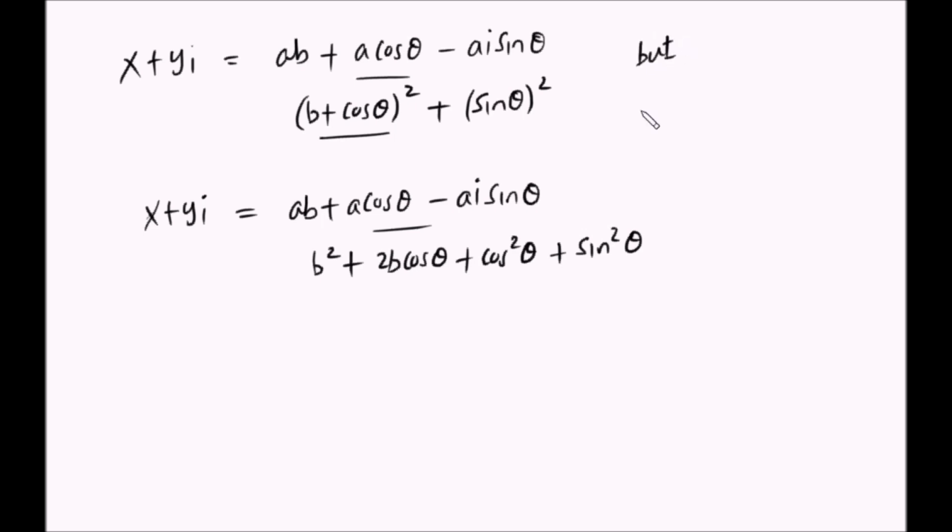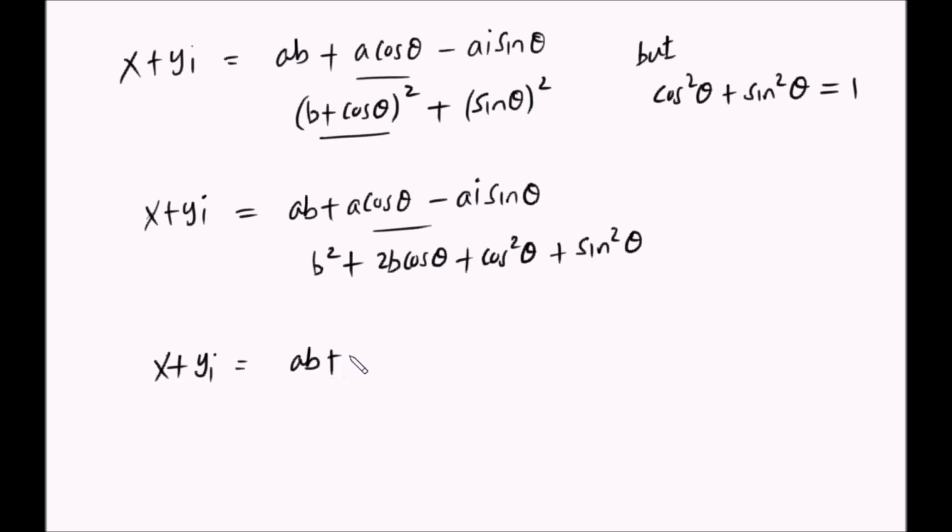But in trigonometry we learn that cos square theta plus sin square theta is equal to 1.